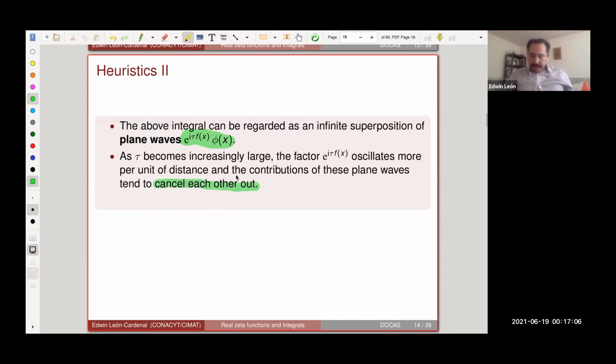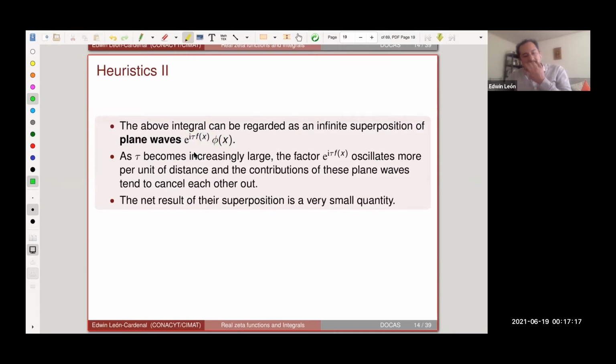Okay, so for that reason, one expects that these things decrease in a nice way. So the net result of this superposition is a very small quantity.